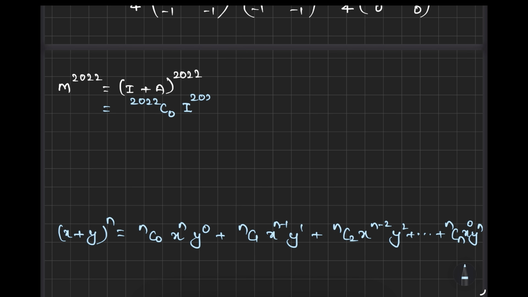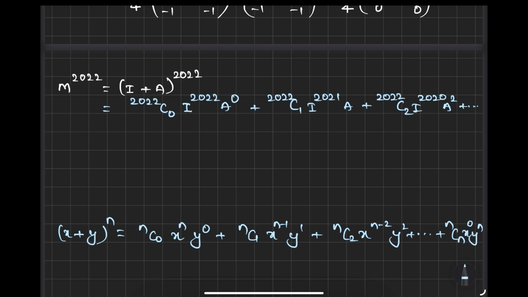The lower subscript of C defines the power of A. Again we write 2022C1 I to the power 2021 A plus 2022C2 I to the power 2020 A square, and so on.